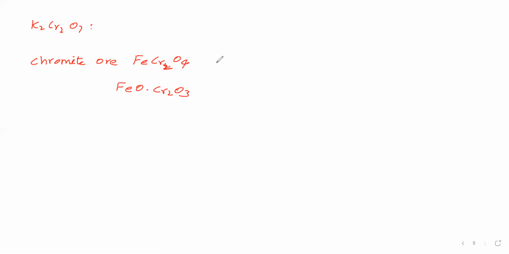To this, we add sodium carbonate and pass atmospheric air, and fuse it. The chromite ore becomes sodium chromate, ferrous oxide becomes ferric oxide, and carbonate becomes carbon dioxide gas. Then to this sodium chromate, what is added?